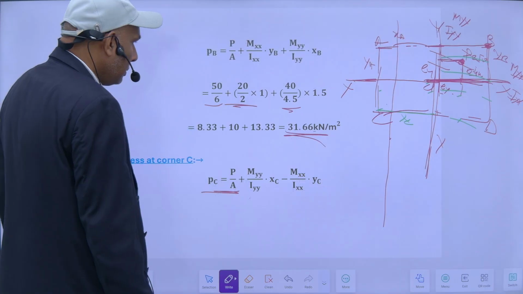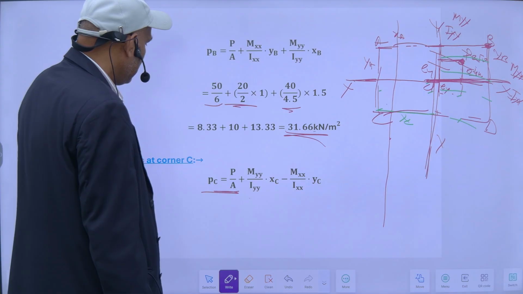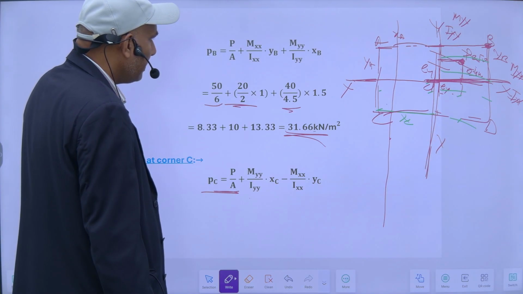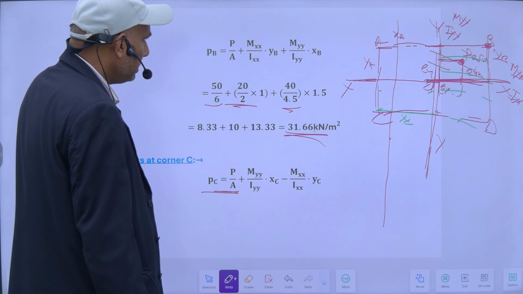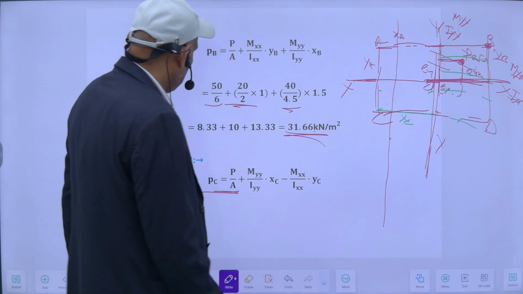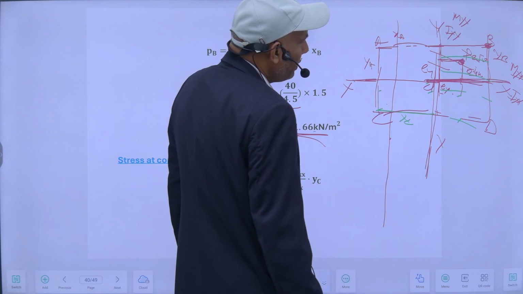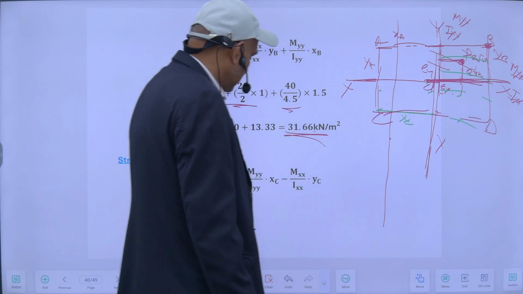So about Myy, the stress at this corner is Myy upon Iyy into xc, about this y axis.